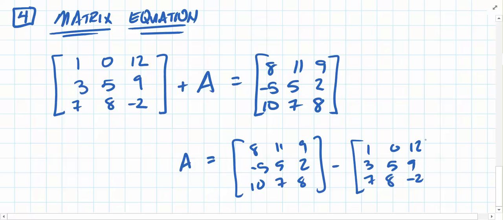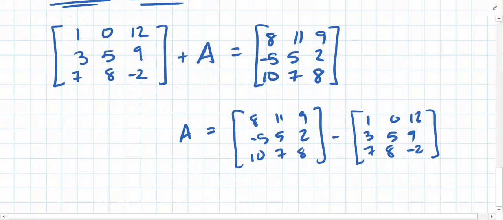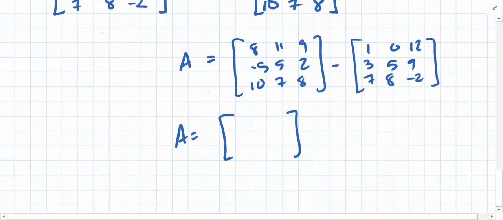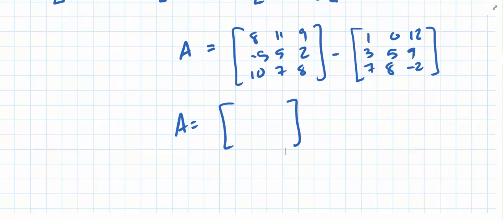So I'll save you a little bit of work here. I already worked it out. Obviously, this would just be what it would be. Since the 2 matrices are both 3x3s, they can be subtracted from each other. So you would fill this in and you would go.